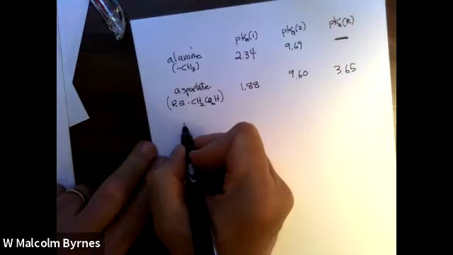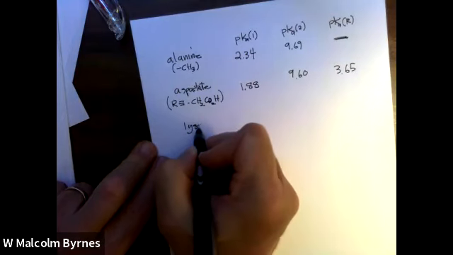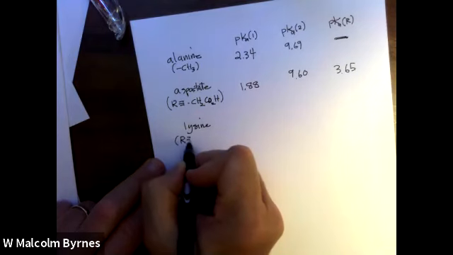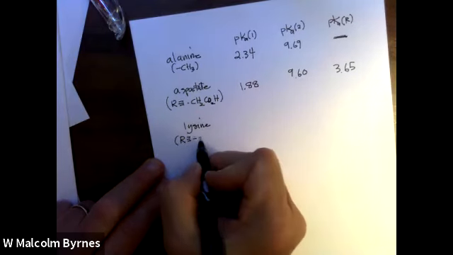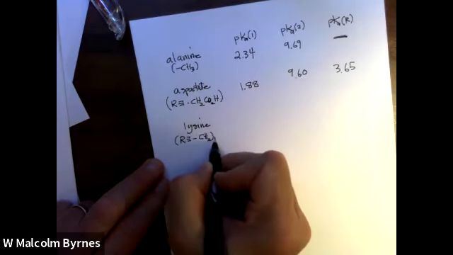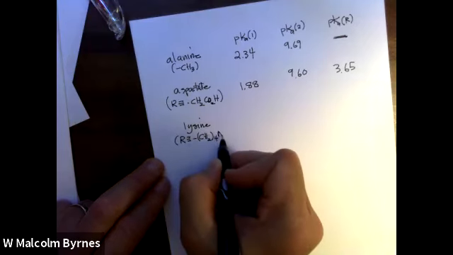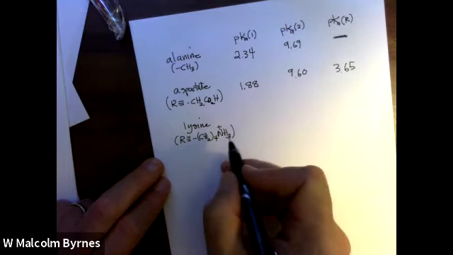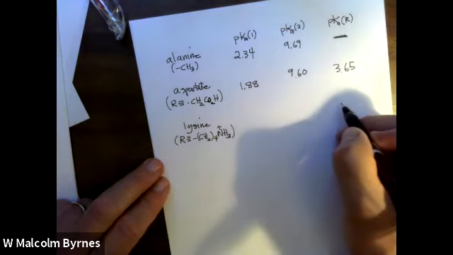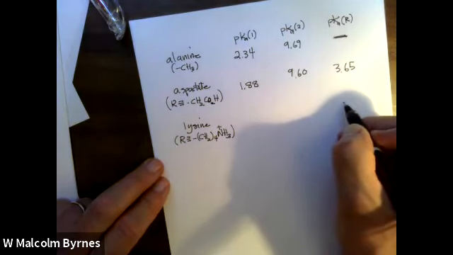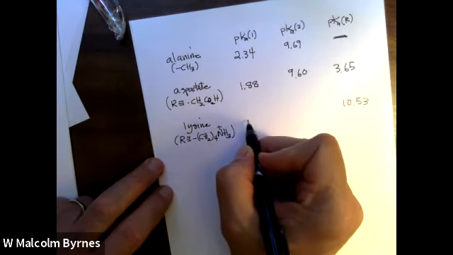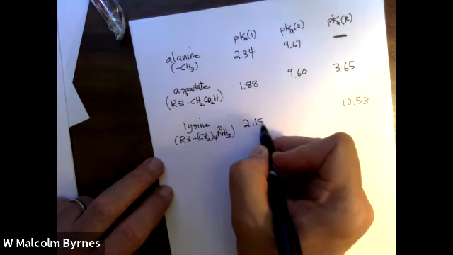And we can also talk about the amino acid, for example, lysine, which has as its side chain the following: CH2, four methylene groups, and an epsilon amino on the side chain. Well, that's basic. And so the pKa of this side chain is going to be high. It's going to be 10.53. But for the alpha carboxyl, 2.18.